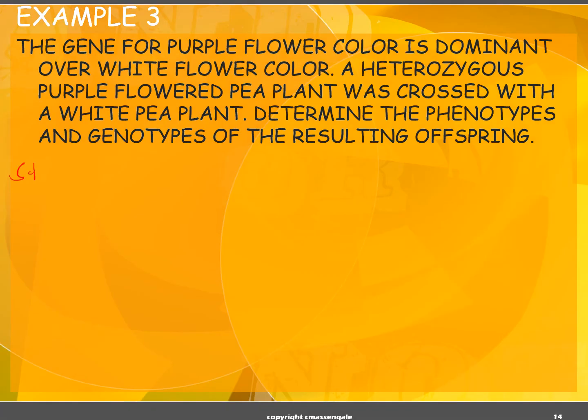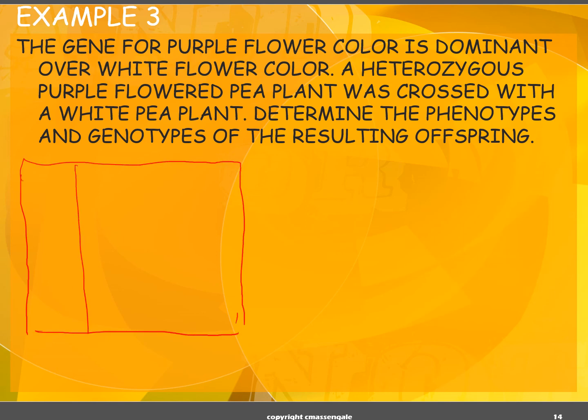Let's write down here again the Punnett square that we had from the previous slide. Okay, sulat lang natin siya ng mabilis. Ayan. Wait lang ha.